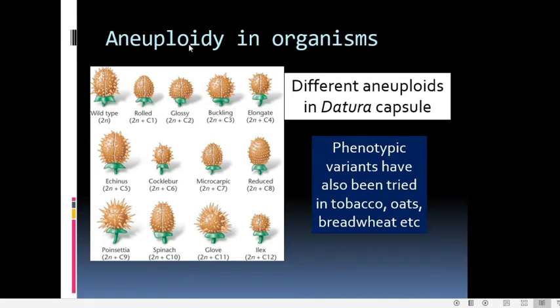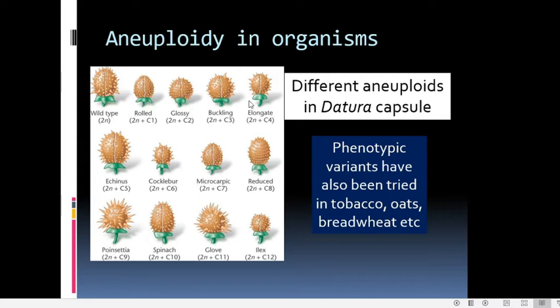And this has arisen out of aneuploidy, where the wild type is diploid having a chromosome number 2n. In rolled type, there will be trisomy, that is, there is an extra chromosome. The C1 chromosome is found in an extra number. You can see 2n plus C2, 2n plus C3, 2n plus C8.